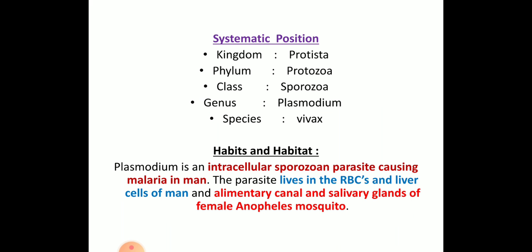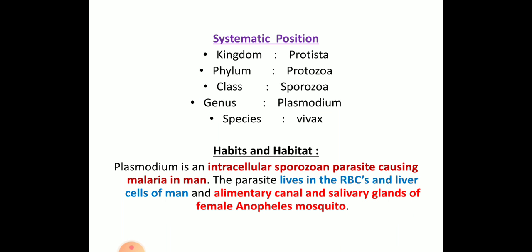Plasmodium vivax belongs to kingdom Protista, phylum Protozoa and class Sporozoa, because it produces spores, genus Plasmodium, species vivax. About its habit and habitat: Plasmodia are intracellular sporozoan parasites which cause malaria, and they live in the RBCs and liver cells of man.